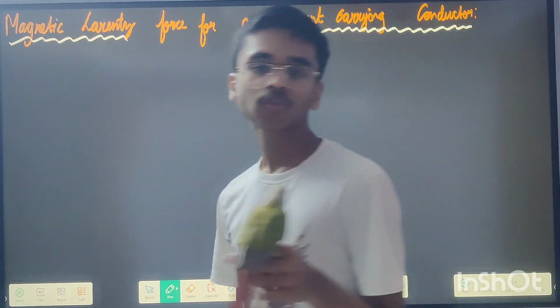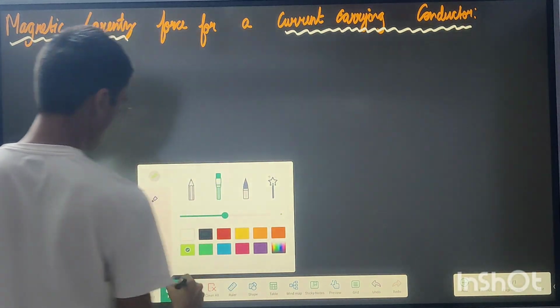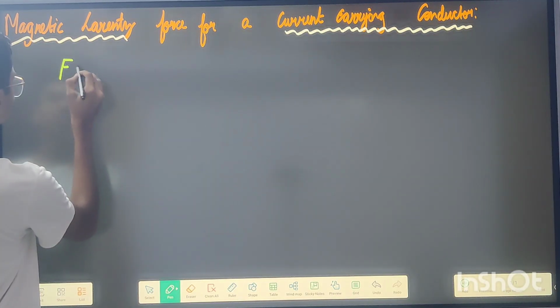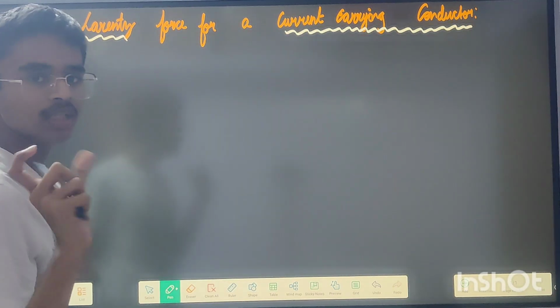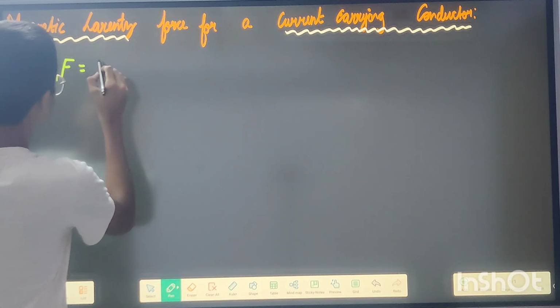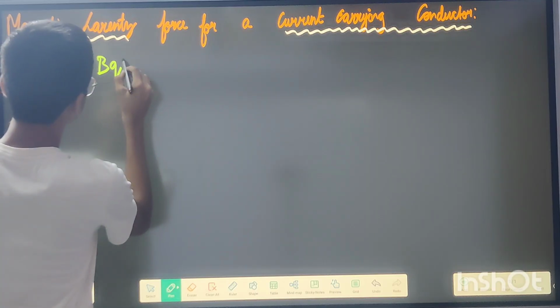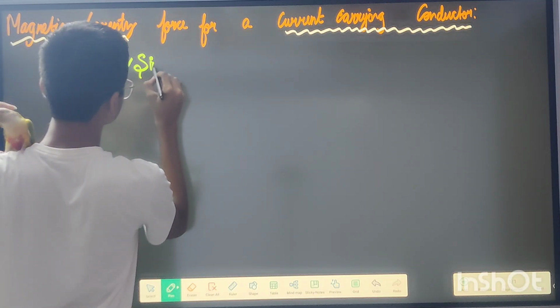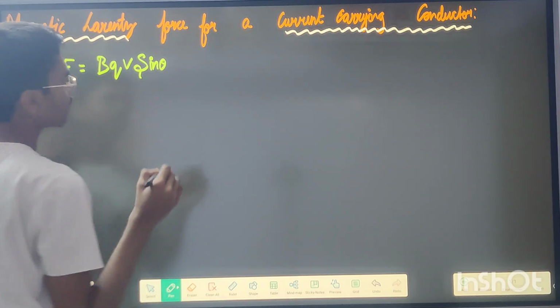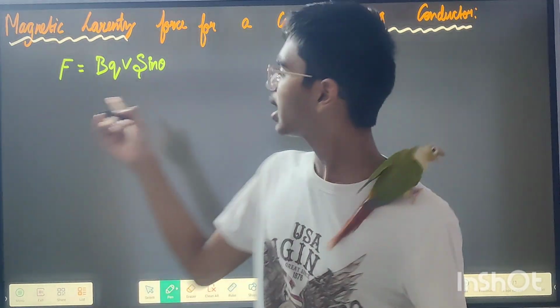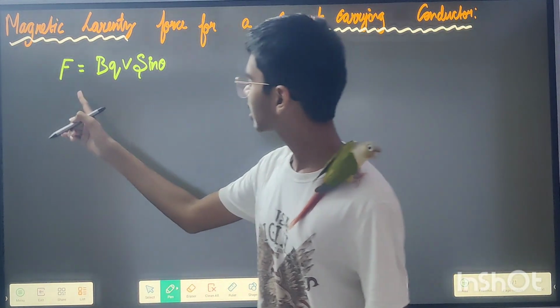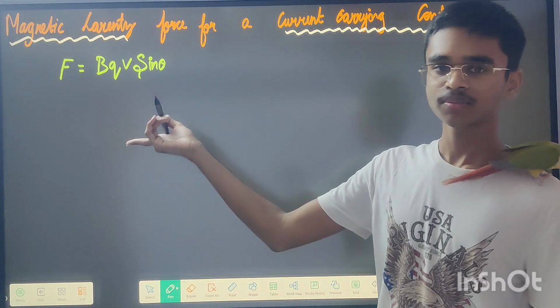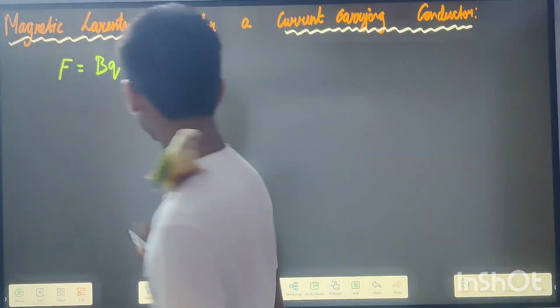Already we have seen in one of our videos that the Lorentz force for a single particle is BQV sine theta, where theta is the angle between the magnetic field and the velocity. We know all of this.